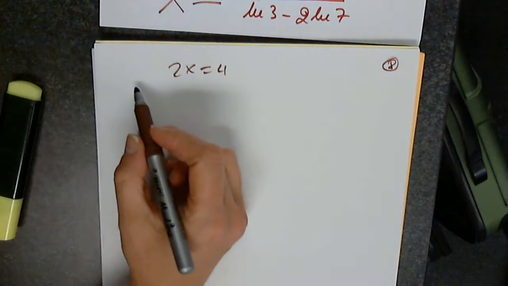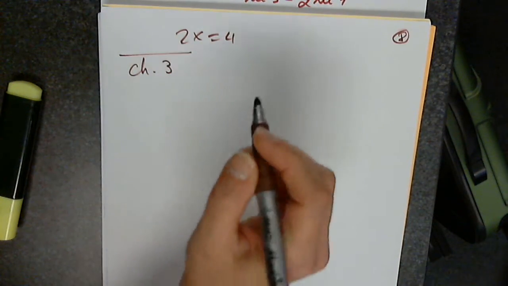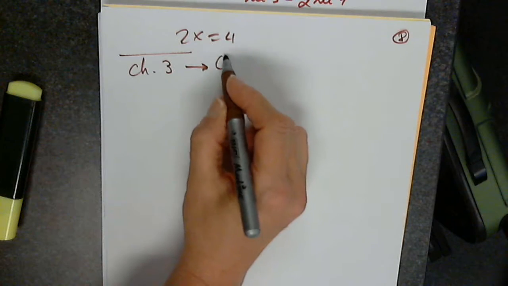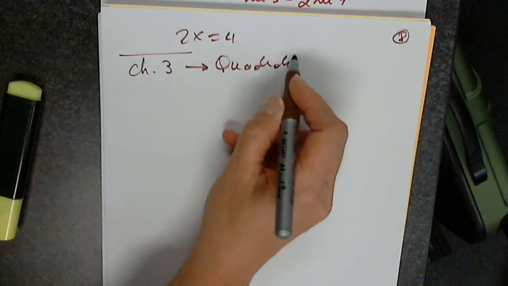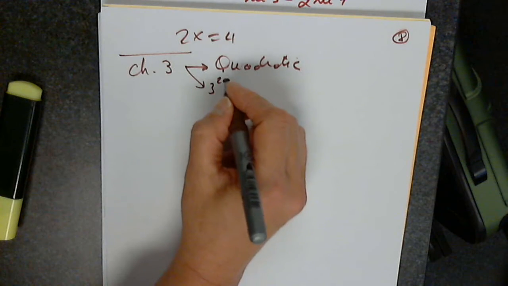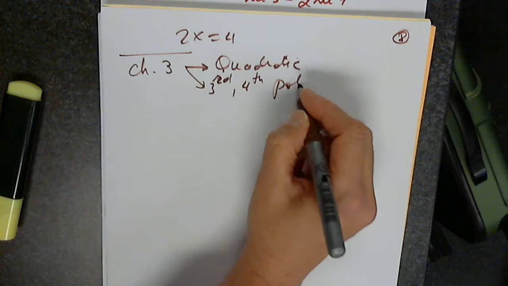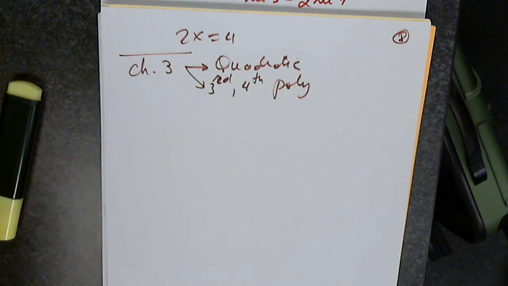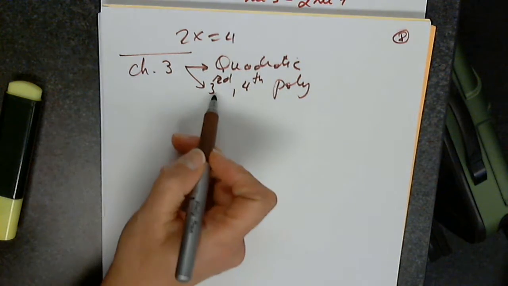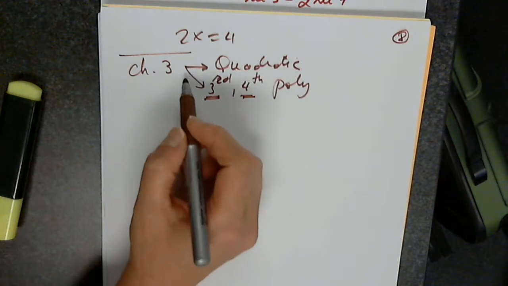So let me just summarize what you should expect on this test one more time. From chapter 3, you should expect quadratic. You should expect third degree, fourth degree polynomial. They're all the same. 5th degree, 7th degree is the same with this. 8th degree, 6th degree is the same with this.